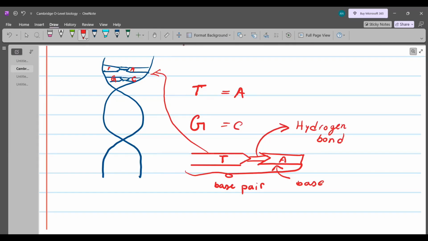The bases pair in a specific way. Adenine pairs with thymine, and cytosine always pairs with guanine.